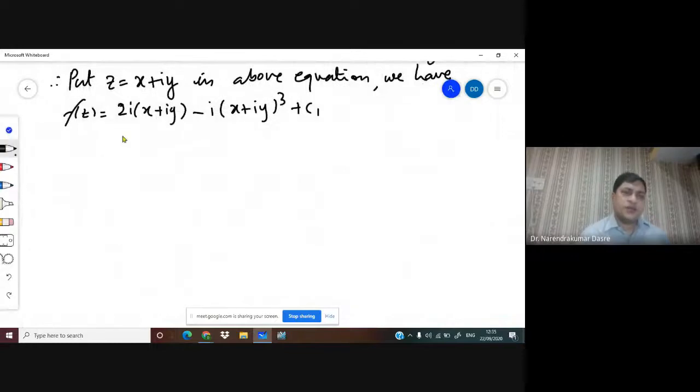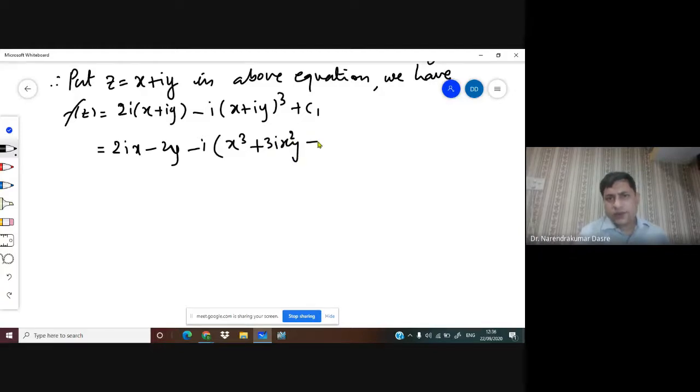Now let us simplify this. 2ix, this will be minus 2y because i square is going to be minus 1. Here we have x cube plus 3i x square y minus 3xy square minus i y cube, and plus c1.